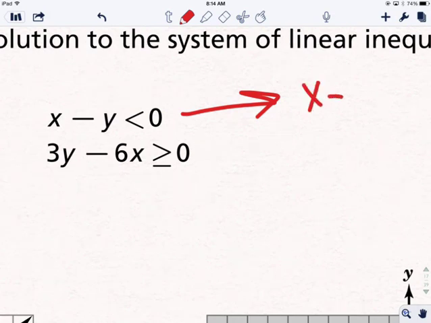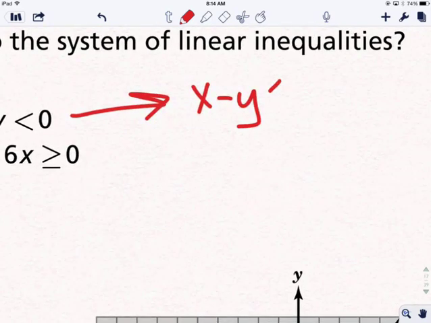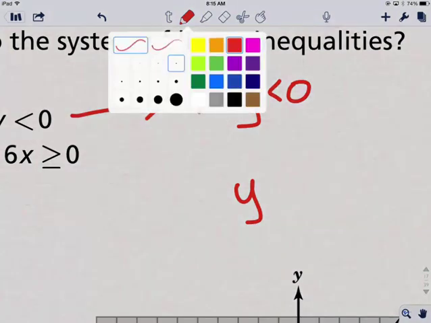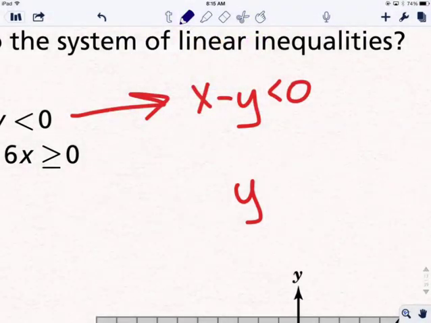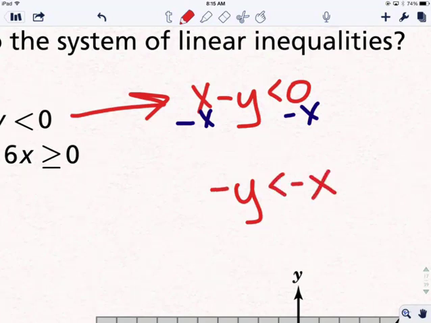Well, x minus y is less than 0. So how do we get it to say y on one side? Well, one thing we can do is subtract x from both sides. So negative y is less than negative x. Well, how do we get just y on one side?